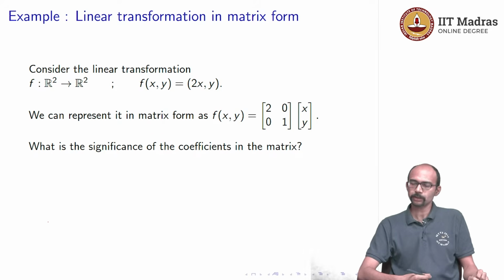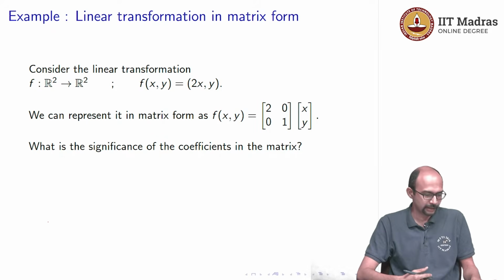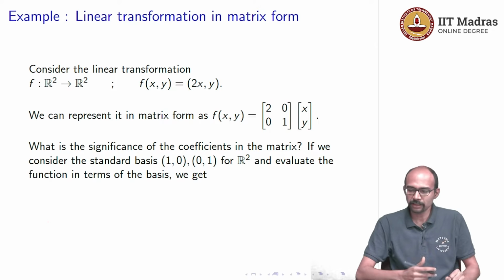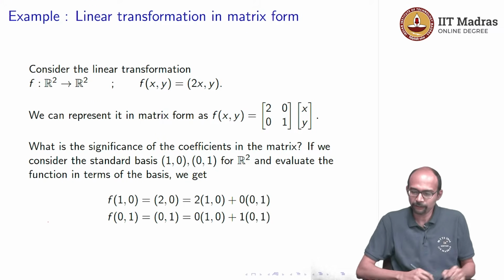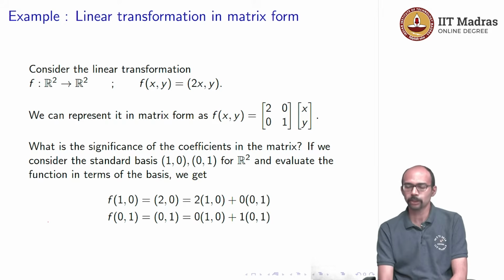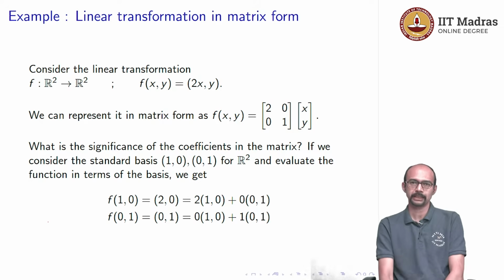Okay, what is the significance of the coefficients in this matrix? So, if we consider a standard basis 1 0 and 0 1 for R2 and evaluate the function in terms of the basis, we get f of 1 0 is 2 0, but 2 0 can be written as a unique linear combination of the basis vectors.